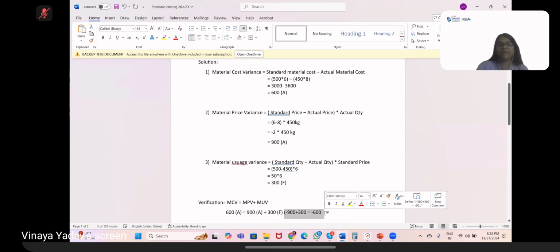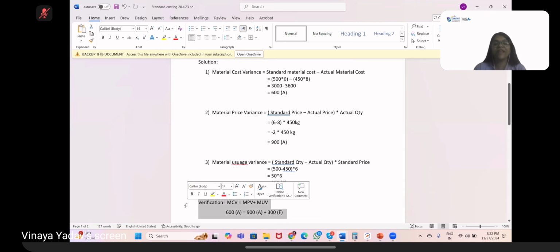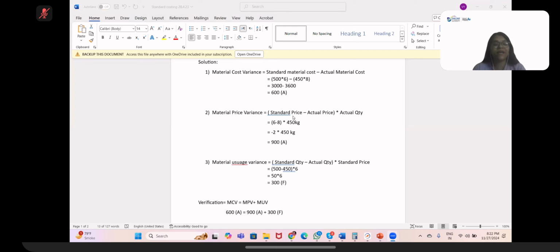Yes, it is coming same. That means our calculation for material price variance is correct and it is verified. Clear? Easy, everybody? Everybody can solve the sum अगर एग्जाम में आए तो ऐसे कुछ?